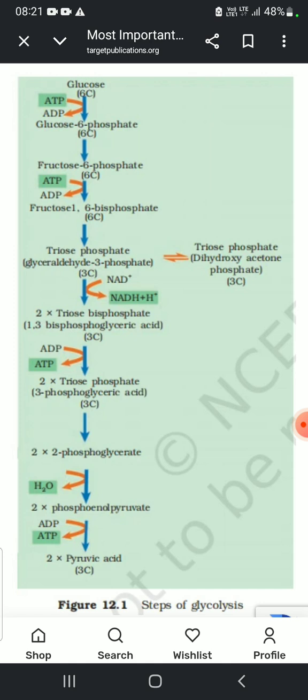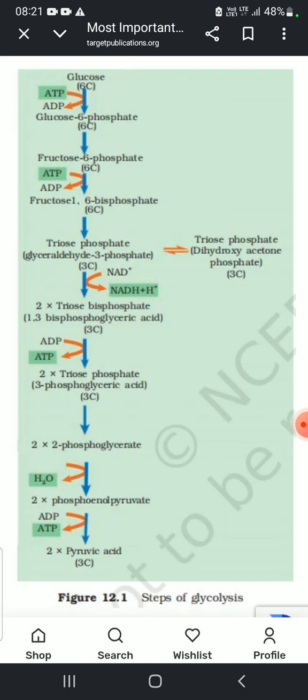Two forms of triose phosphate are glyceraldehyde phosphate (GAP) and DHAP, which is dihydroxyacetone phosphate. Both are 3 carbons. Then it gets converted into 1,3 bisphosphoglyceric acid.